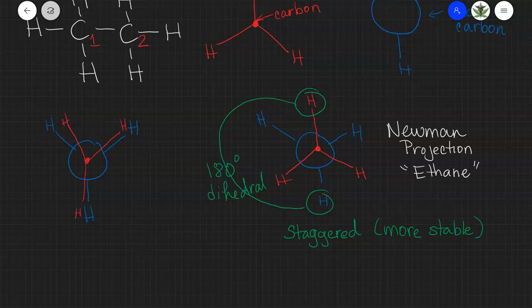And what you will notice is that the atoms are closer together. They are higher in energy in terms of this structure. It is higher in energy. And this structure, if we look here, has torsional strain. And we're going to talk about torsional strain.